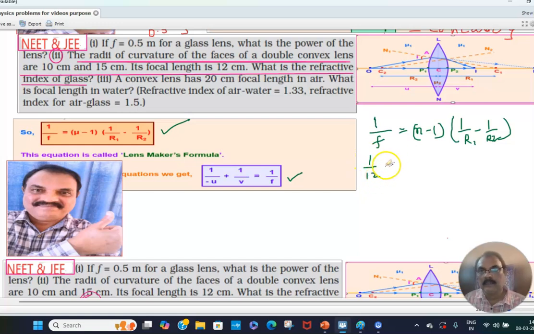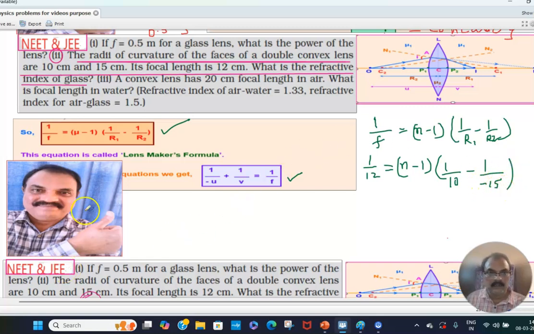Since it is a double convex lens, the focal length will be positive. Then n minus 1 is what we need to find. Then 1 by R1 is positive, given as 10, minus 1 by R2, that will be on the left side, so minus 15.